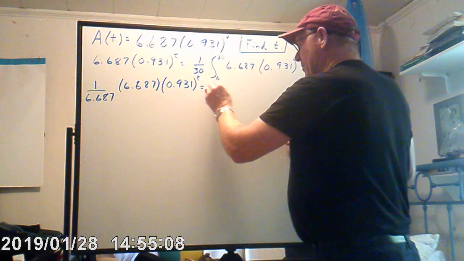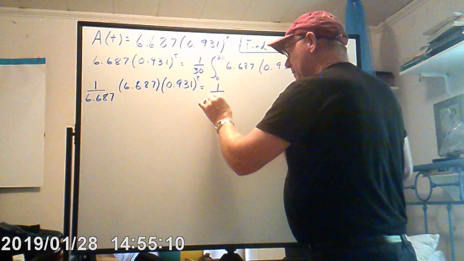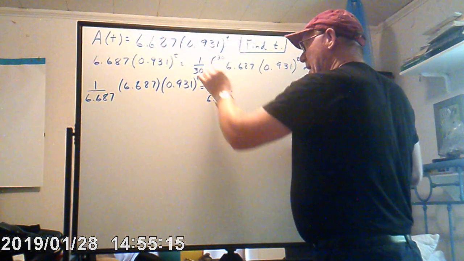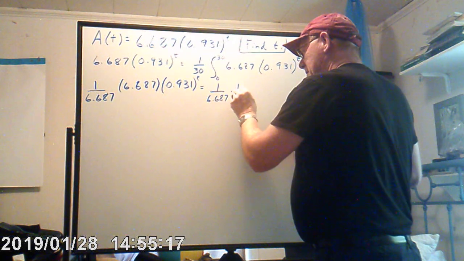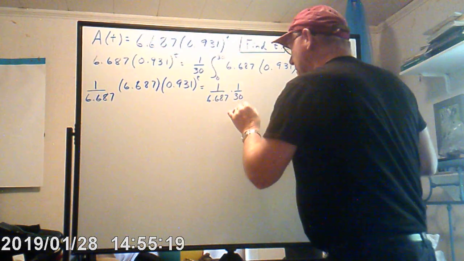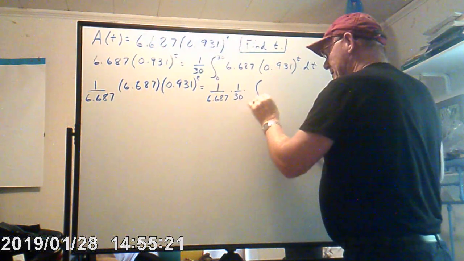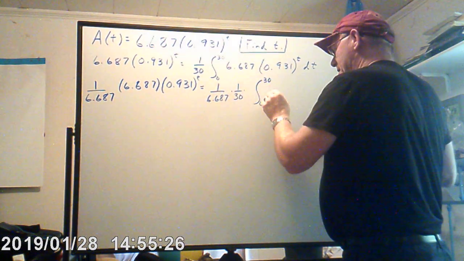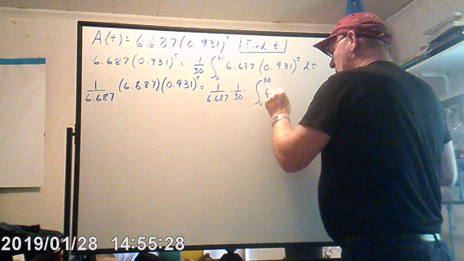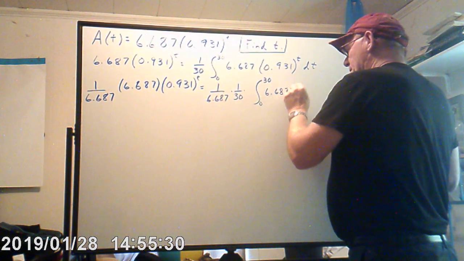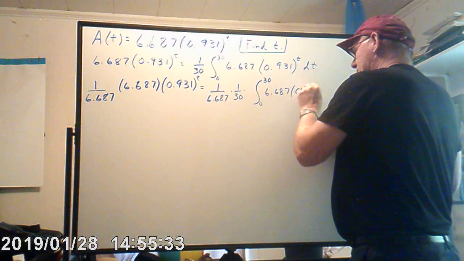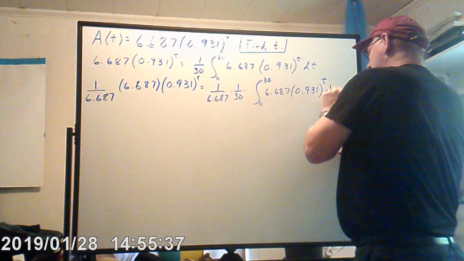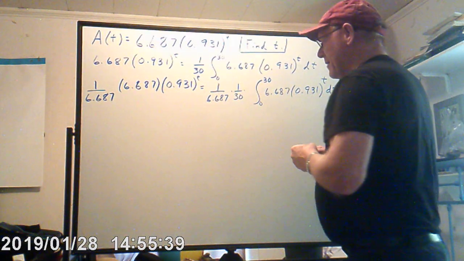So now I'm going to have this times 1 over 30, multiplying it on both sides, times this interval here. I'm almost wanting to just say A at T dt, but anyway, I'm just going to go ahead and do it mathematically, by hand. I actually love doing some things by hand.